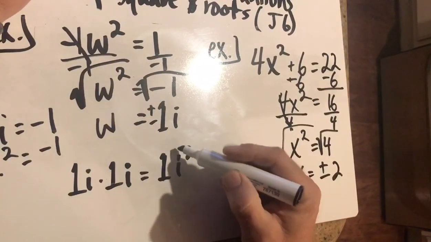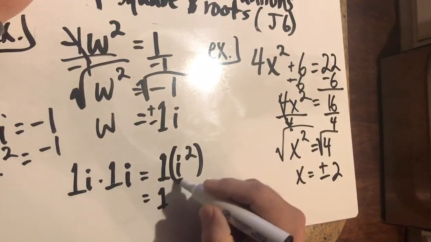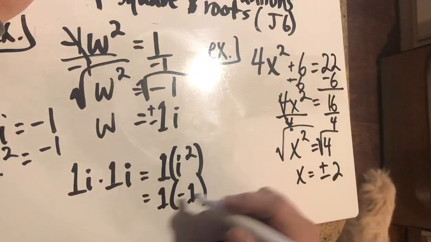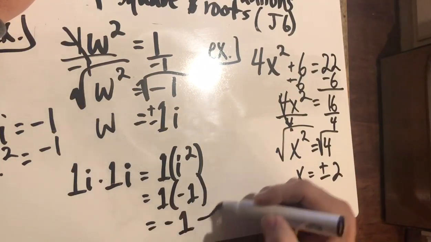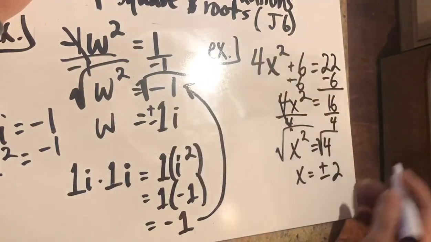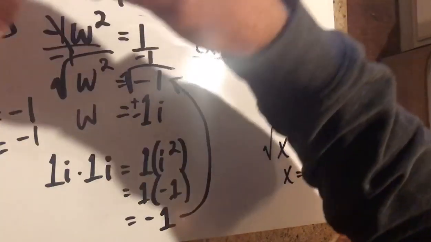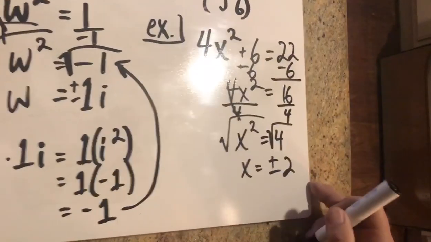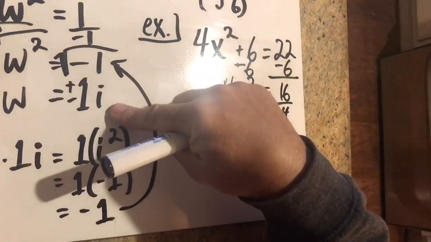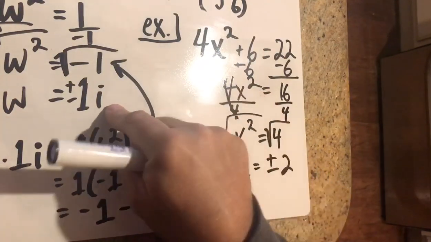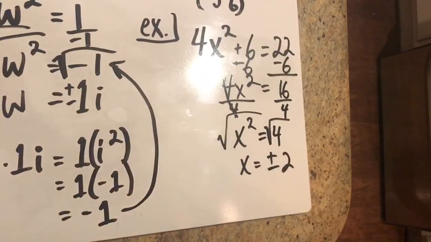So over here you would take i squared out and replace it with negative 1. 1 times negative 1 is negative 1, which brings us back to that. So here we have 2 imaginary solutions, or non-real, and over here we have 2 real solutions.